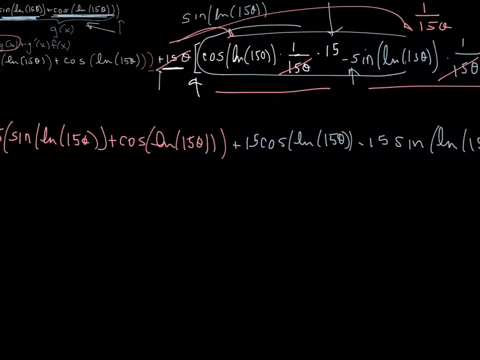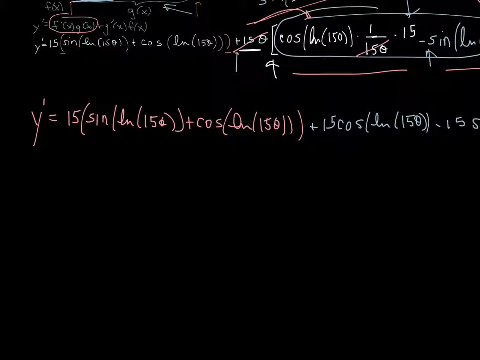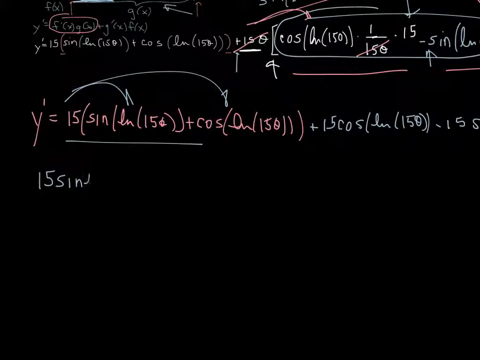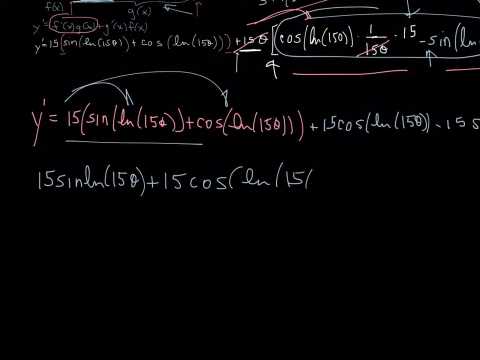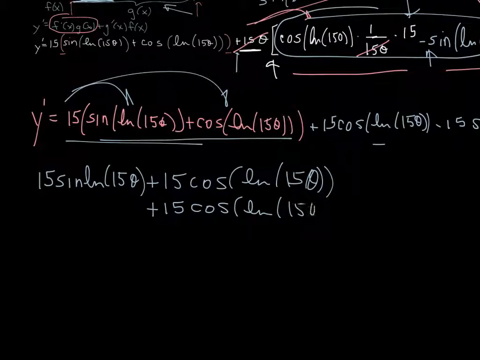And even though this is big and ugly and huge, if I distribute this, I'm going to first get 15 sine ln 15 theta plus 15 cosine ln 15 theta. So that's all of this distributing the 15. Well, let's take this other business over here and write it under the same terms. So 15 cosine ln of 15 theta.